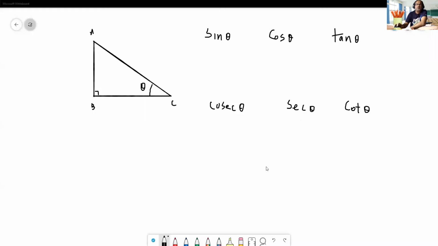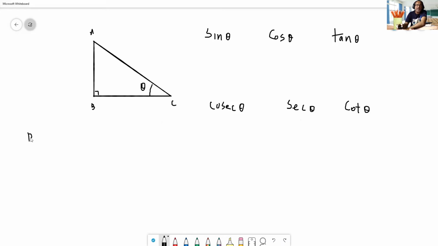Now, ratios means ratio of two sides. I'm showing you. Now look, this is a right angle triangle. Trigonometry deals with right angle triangle.